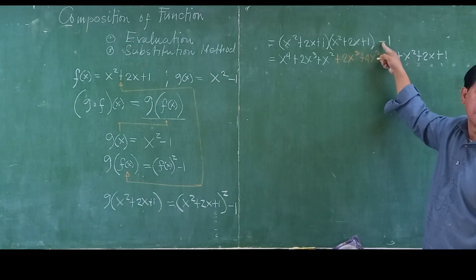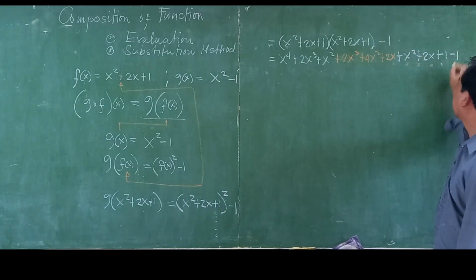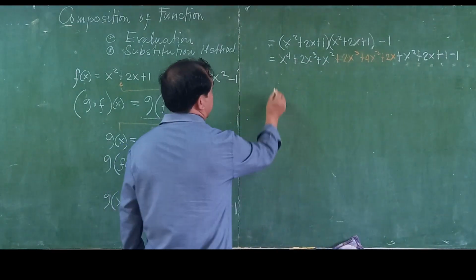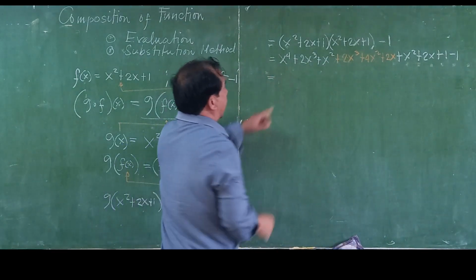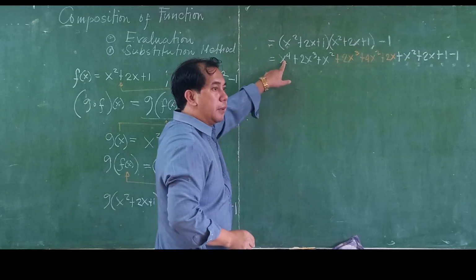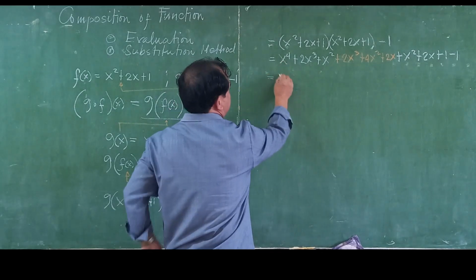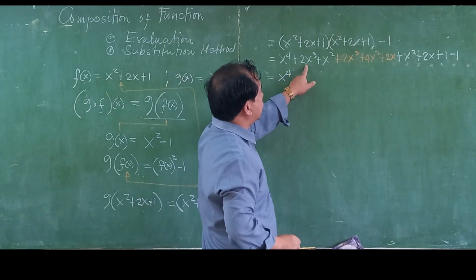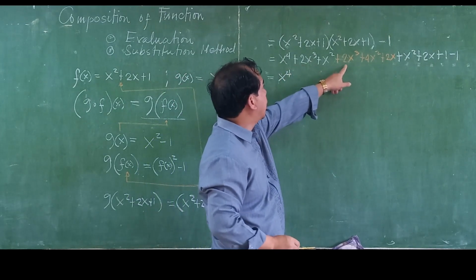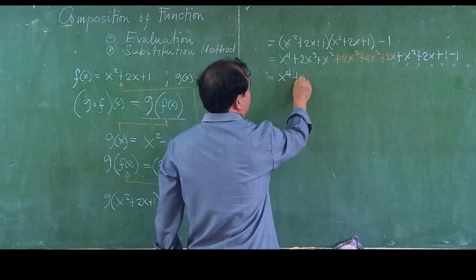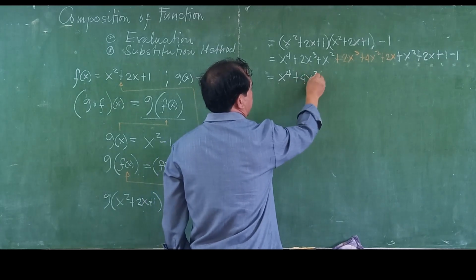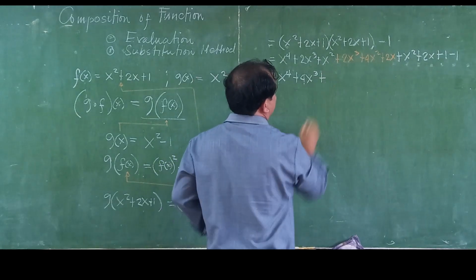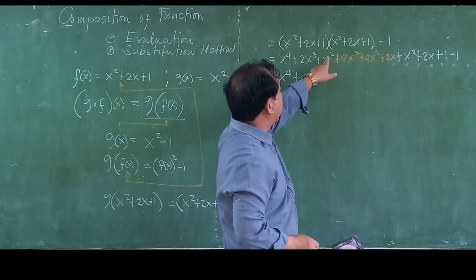Minus 1. Okay? Now, combine now the similar terms. So, are there terms similar to this one? There is none. So, we just copy x raised to 4. Are there similar terms to this? We have. So, we have 4x raised to 3. Tama? Now, next. Are there similar terms to x raised to 2?